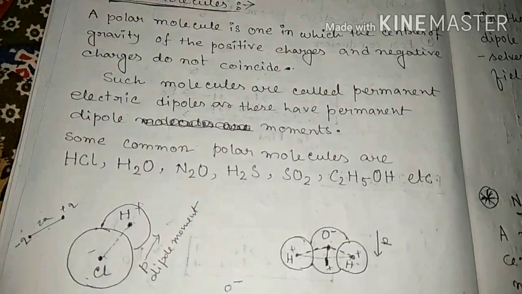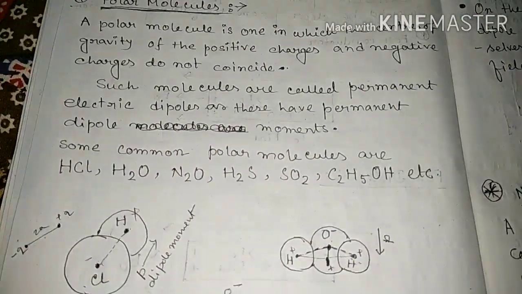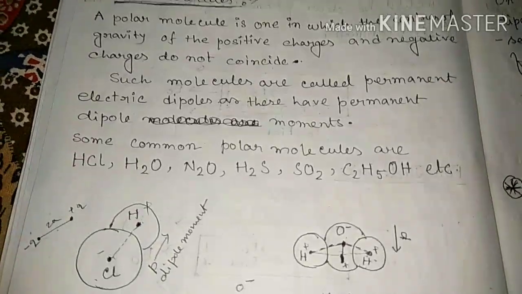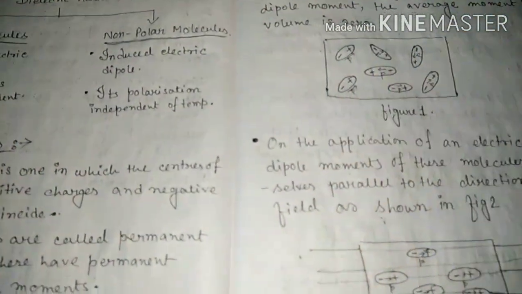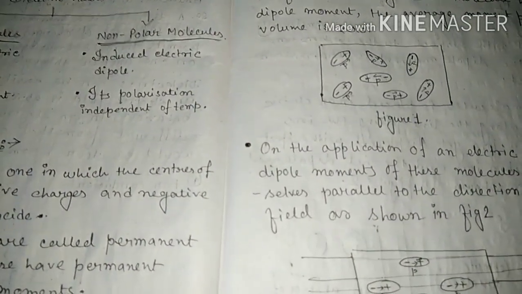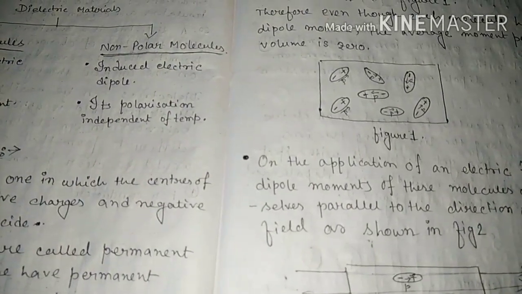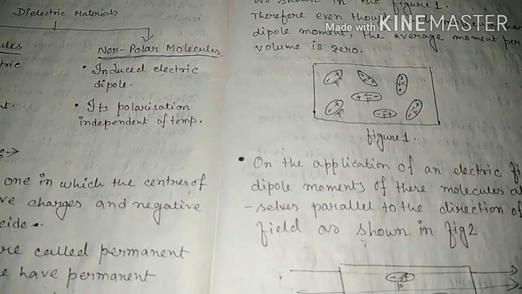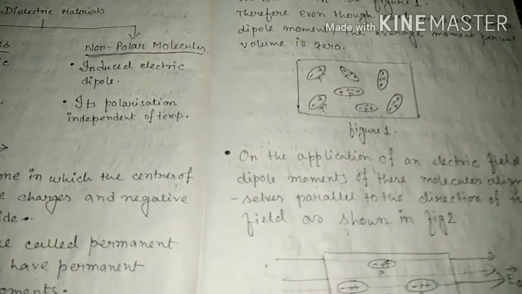That means they are separated by a distance, so they have a permanent electric dipole moment, but inside the dielectric these molecules are randomly aligned. When we place that type of dielectric slab inside an external electric field, they align in the direction of the external electric field and get polarized.